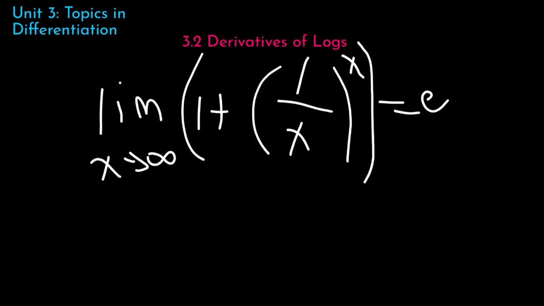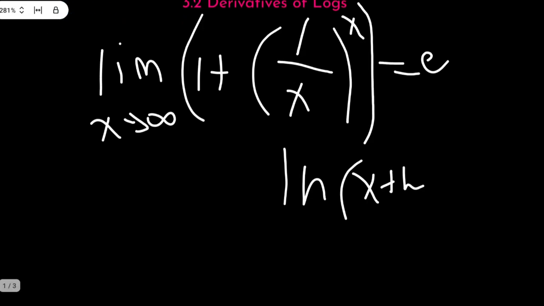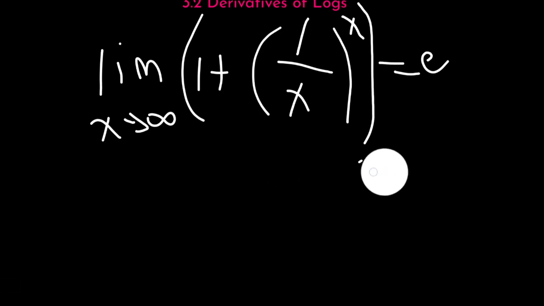And there's about a 13-step equation that allows us to derive the logarithmic derivative by plugging in the ln of x plus h, all that. And then what it comes down to, and simplifies, everything cancels out, what it comes down to is this.